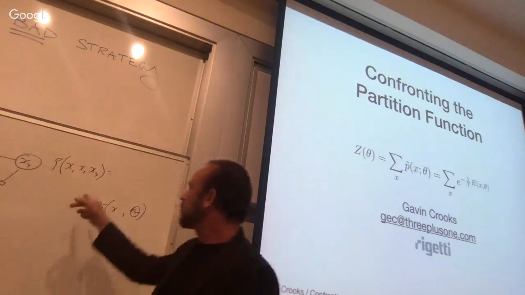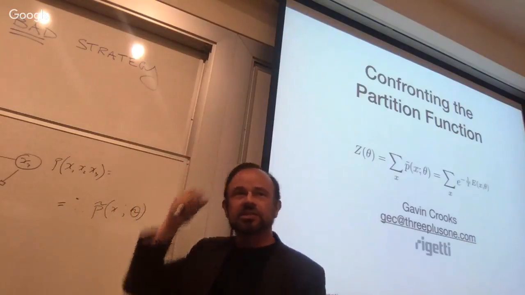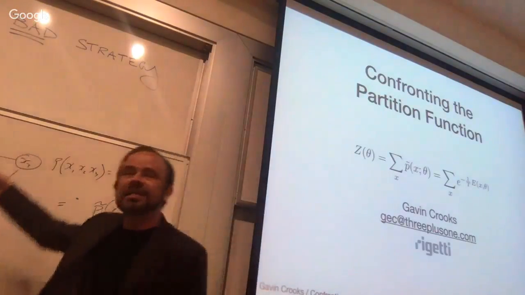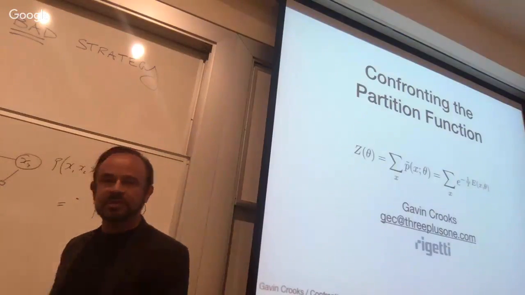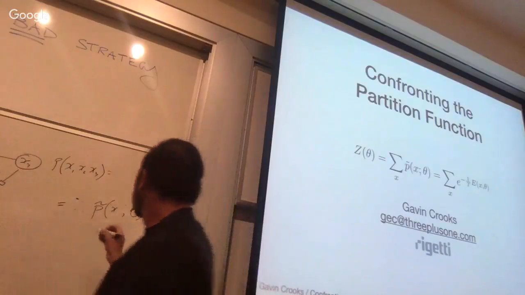The idea is this p twiddle is an unnormalized probability distribution. It just tells you the probability of these things. It's some function that tells you the probability of this set of stuff up to some normalization constant.